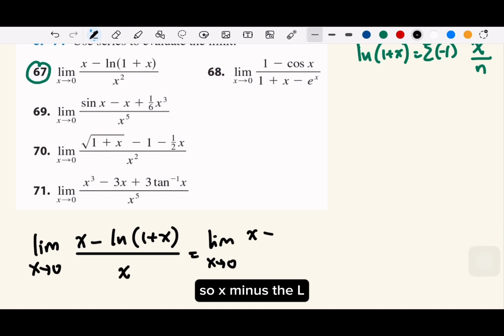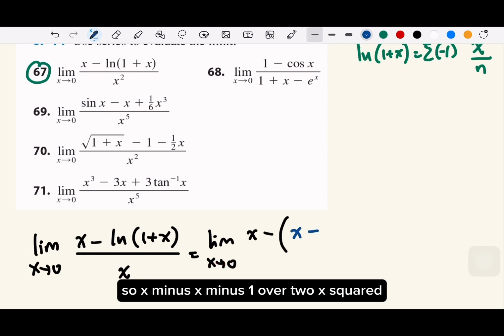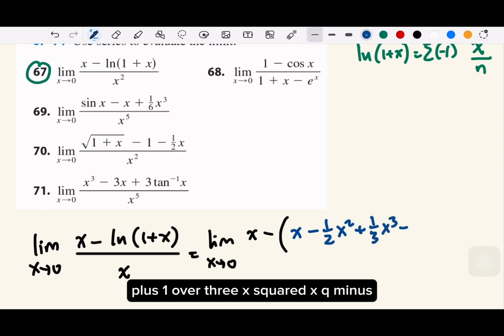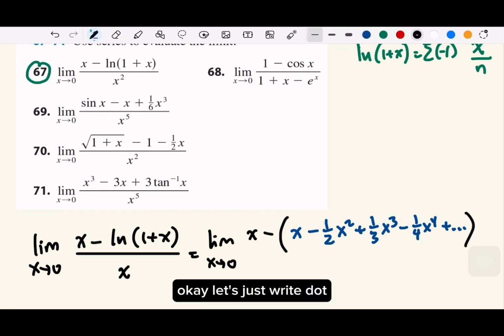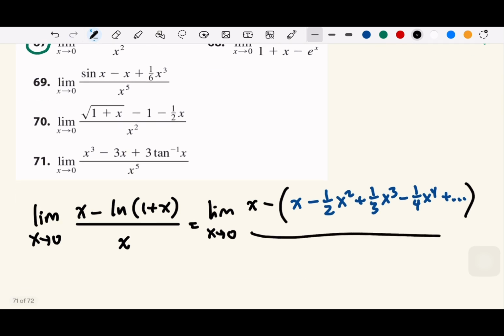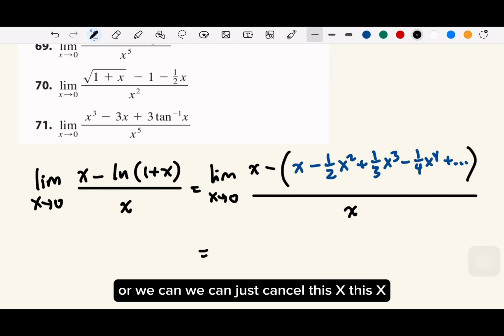So x minus the ln, let me write in a different color. So x minus x minus 1 over 2 x squared plus 1 over 3 x cubed minus, okay, let's just write dot dot dot to make sure that it expands to the right side, and then over x squared. We can just cancel this x with this x.